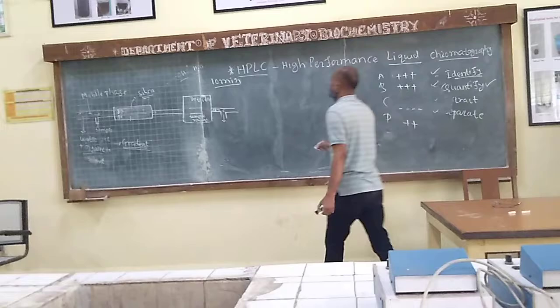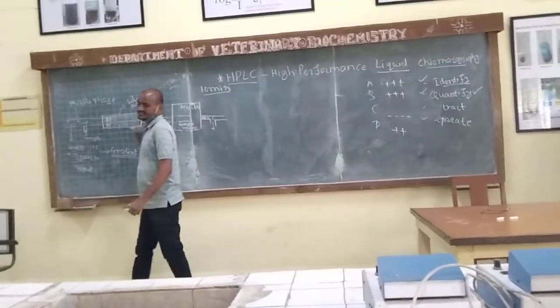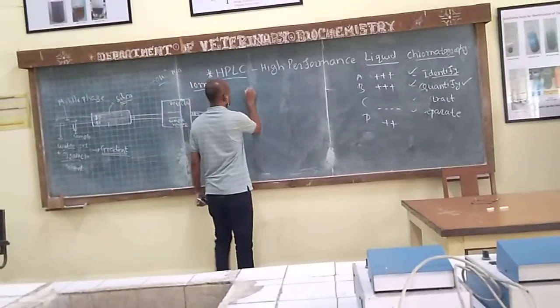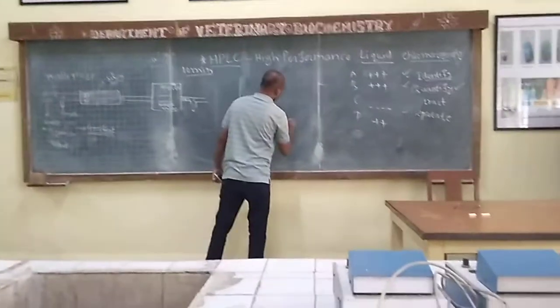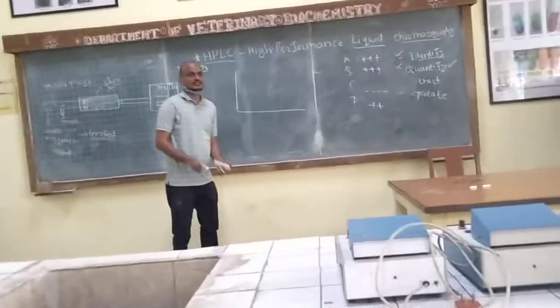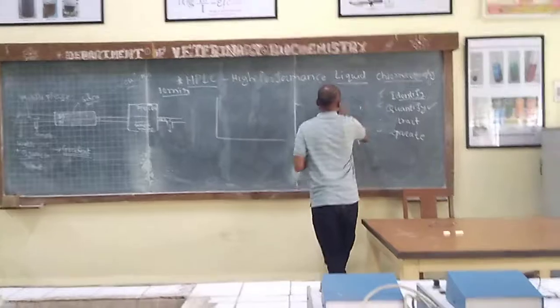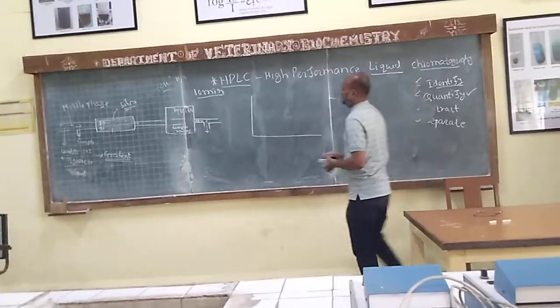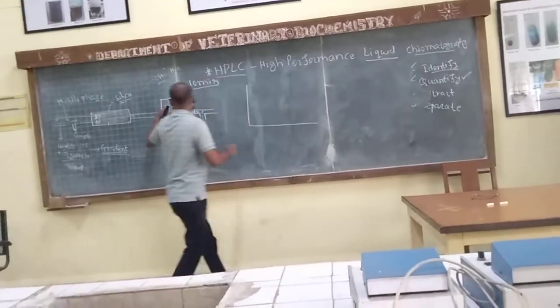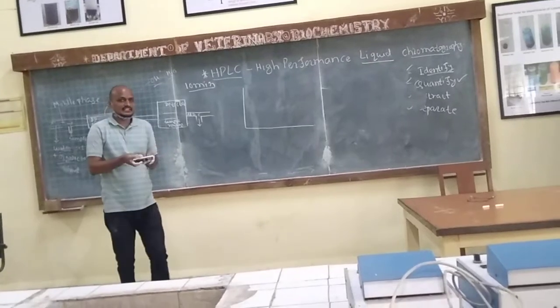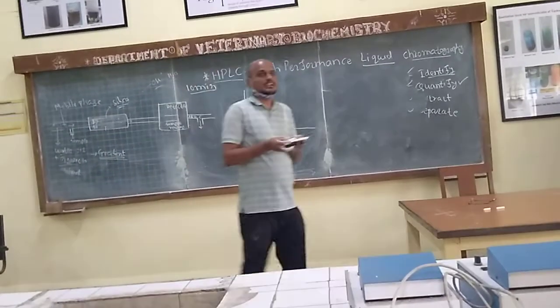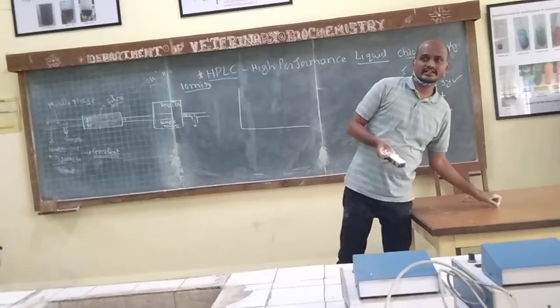So the detector is there, and it is generating some graph. We were talking about this graph. Here we were saying that A, B, C, D are getting attached to the column, which we call retention.